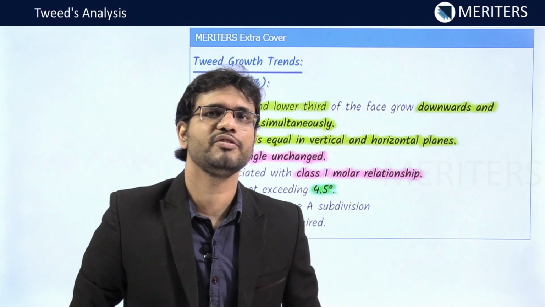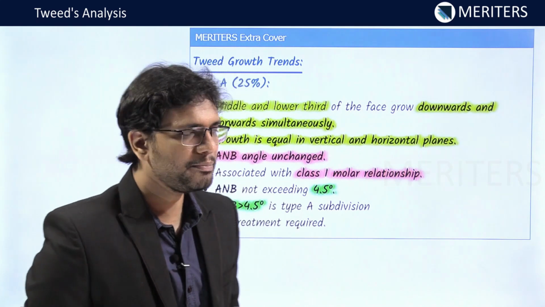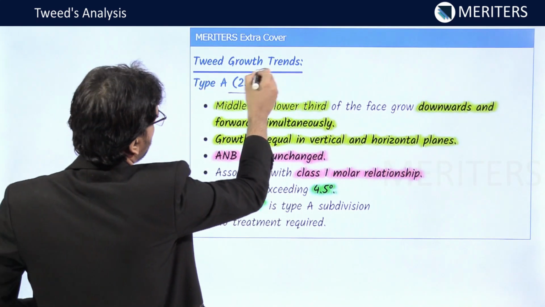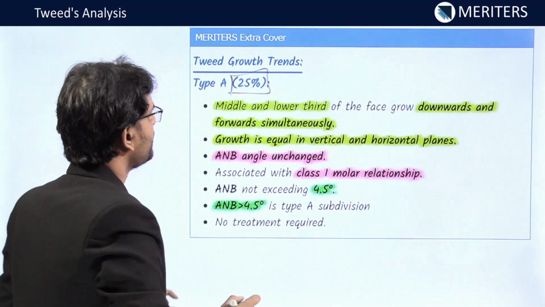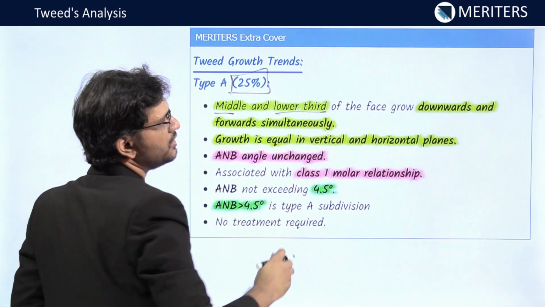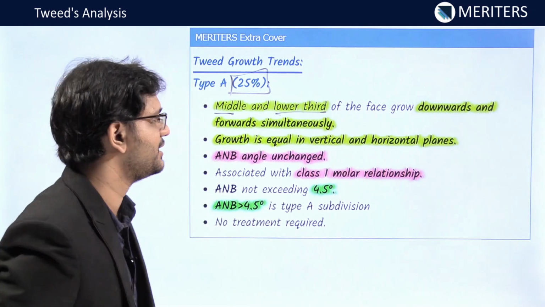Now there are three Tweed's growth trends, type A, type B and type C. Let's see what these are. Type A is generally seen in 25% of the population, and in type A the middle and lower third of the face will be growing in the downward as well as forward direction simultaneously, right?